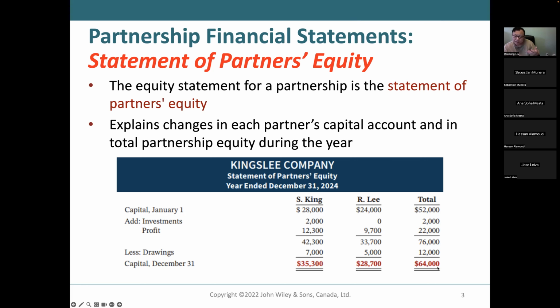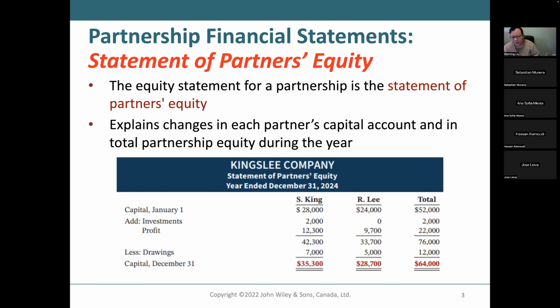So the capital account balance has actually increased from 52,000 to 64,000. The difference is 12,000.